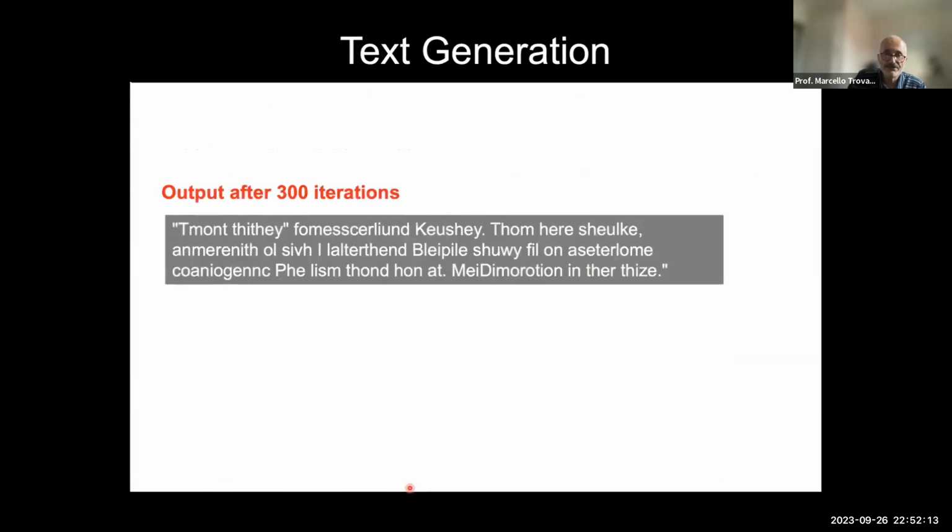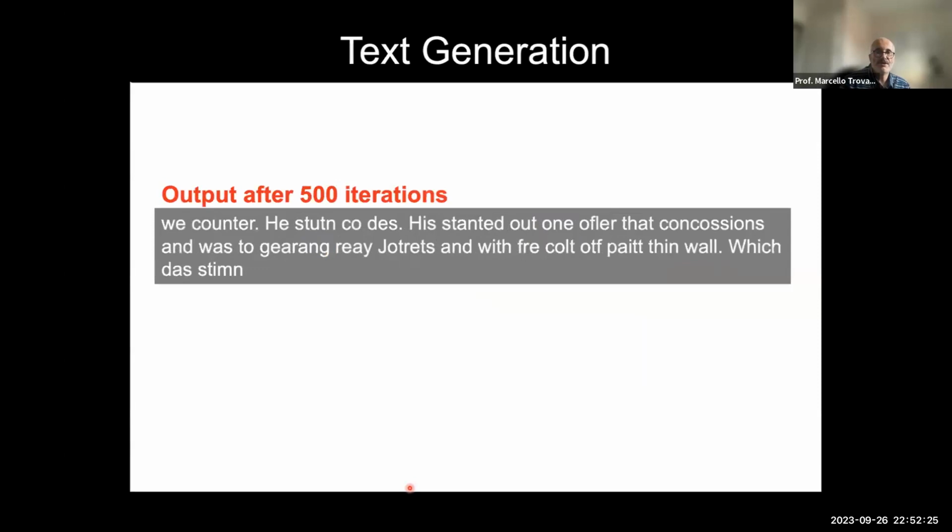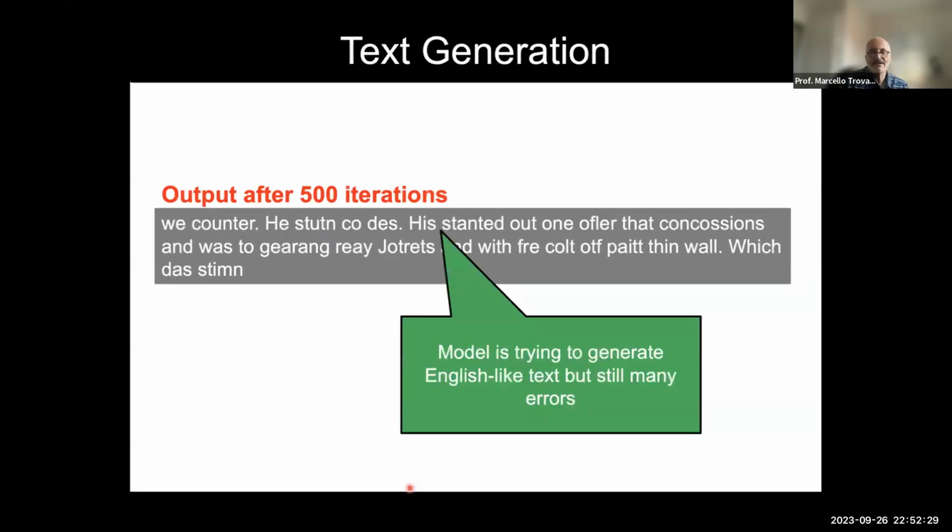And then after 300 iterations, it's still nonsense, but we start getting some English words. Then after 500 iterations, we get some more English-like words, but there are still many errors.